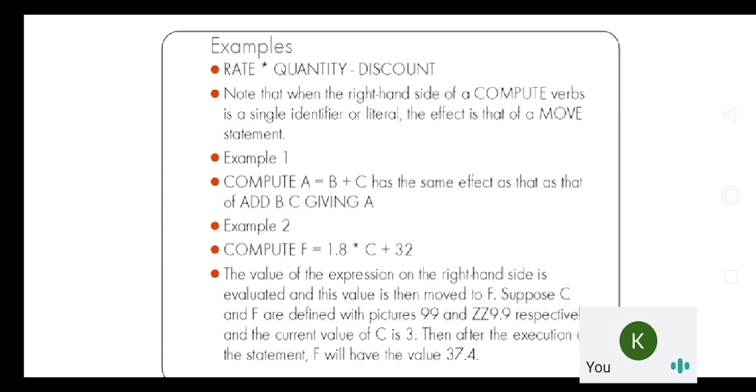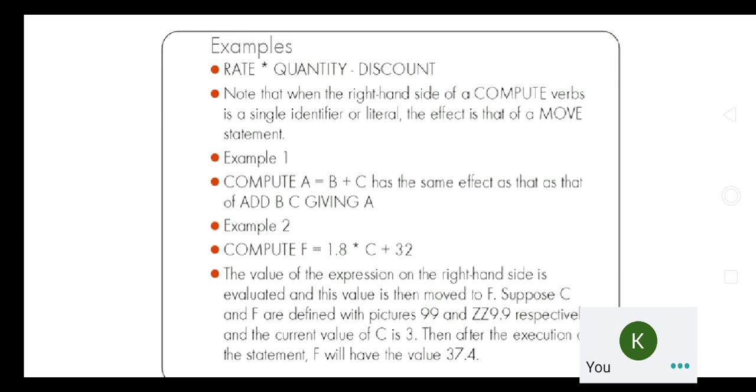In this first example, between rate and the asterisk you must have a space, between asterisk and quantity you must have a space, between quantity and minus you must leave a space, and between minus and discount you must leave a space. So between the operators and operands, here the operands meaning the identifier names or data names you are going to use, you must leave a single space.